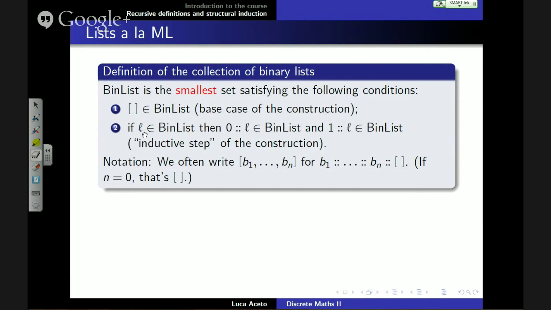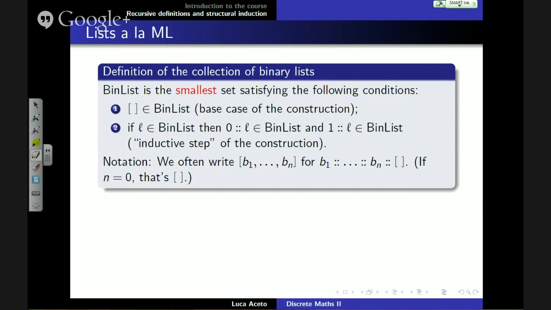If somebody gives you a list L, then the list that starts with 0 and then continues like L is a binary list, a longer one. Otherwise, you can stick a 1 in front of L and get another binary list, which is longer than the one that you started from.